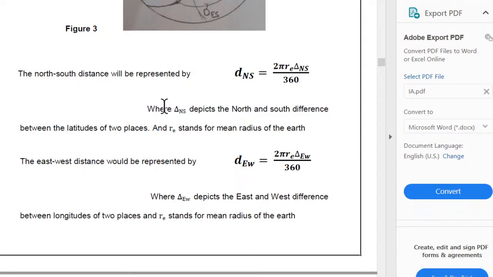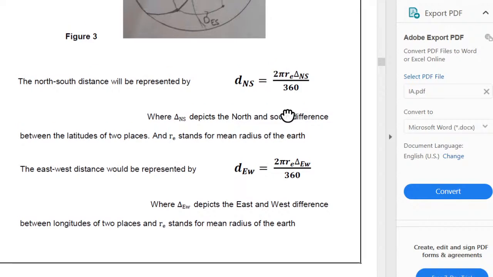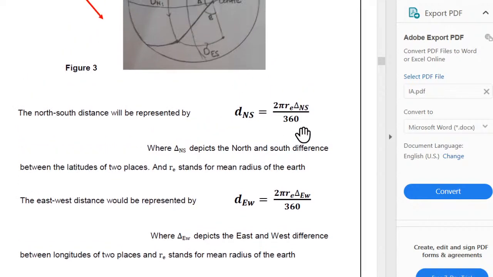This person explains that delta sub NS depicts the north-south distance, and capital Delta is the difference. So as a reader, it's not very clear to me what is meant by distance and difference.